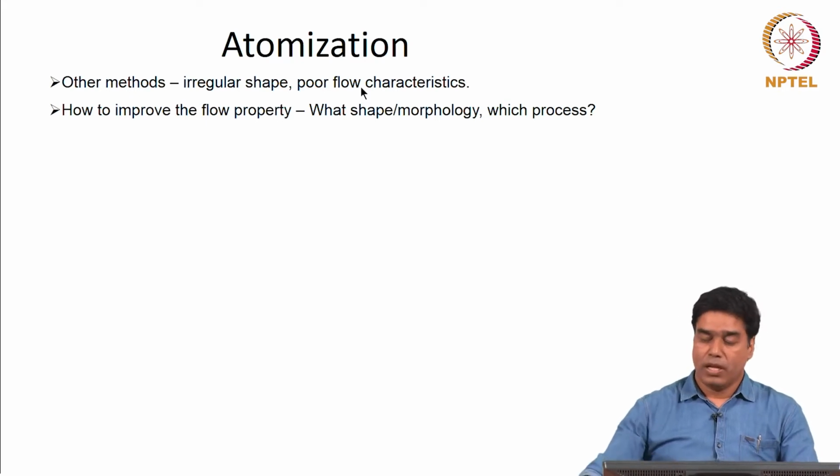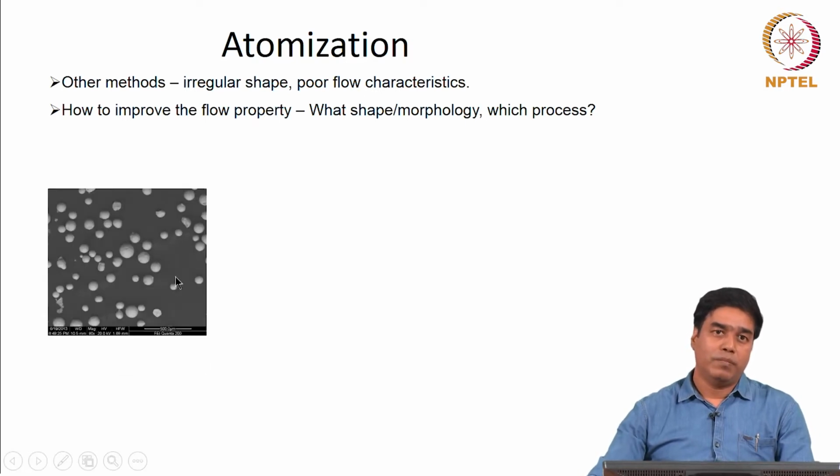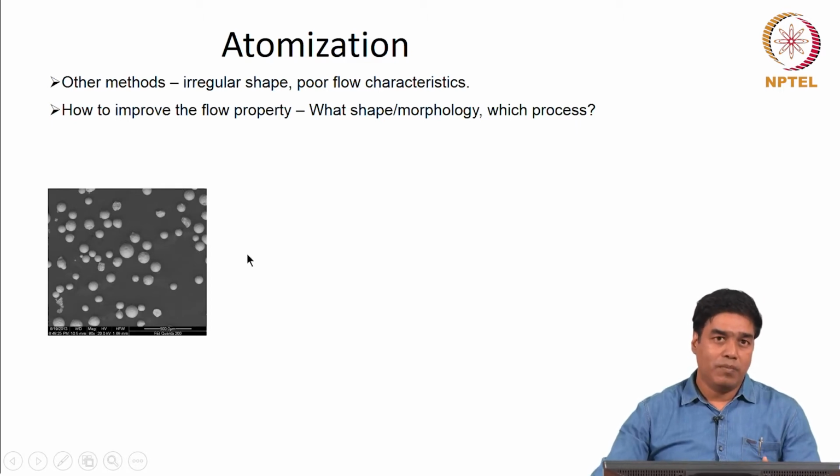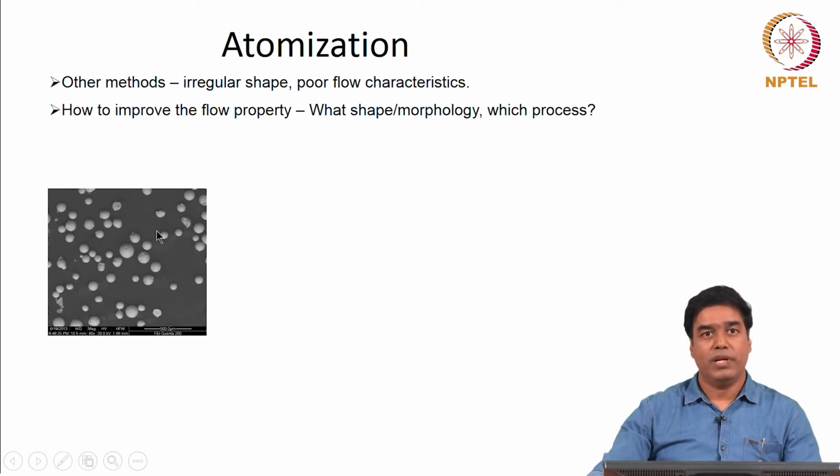So, what we are talking about is if you have a shape like this, which is spherical, as you could see, this kind of powder shape is very conducive for free flow. That means if you have this kind of spherical, uniform particles, then this will be a free flow powder which can easily flow inside the mold cavity.